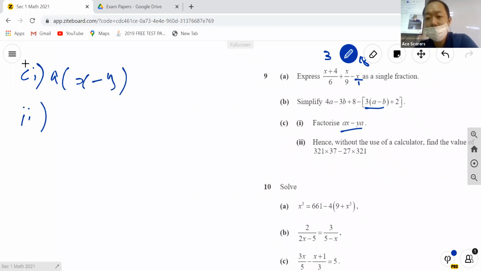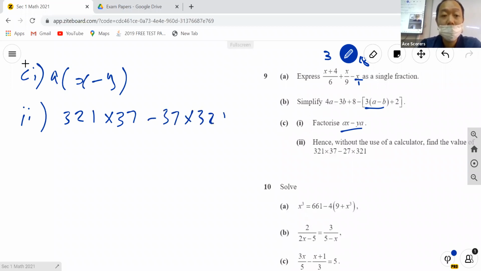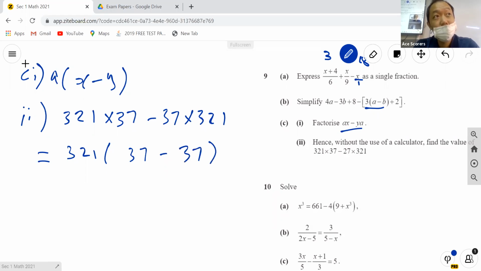C part 2. Hence, without using the calculator, find the value of 321 times 7 minus 7 times 321. We factorize that. Let me see. We can factorize 321. So take out 321, we are left with 37 minus 27. Sorry, 27.